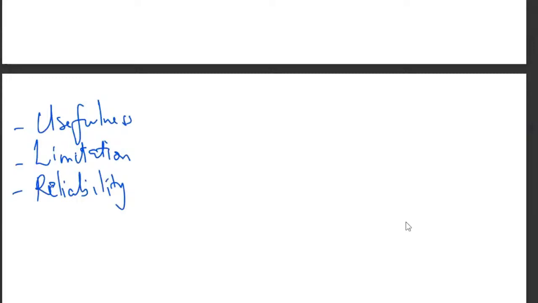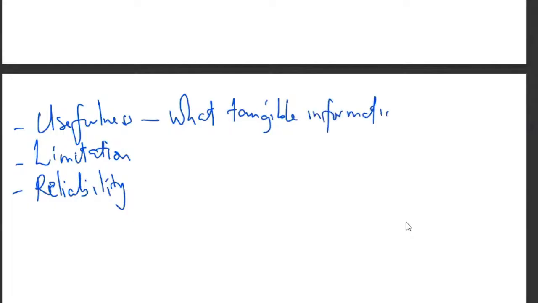Right. So when you're looking at usefulness of a source, we are trying to find out what tangible information is provided in the source. Or we want information of substance in the source.